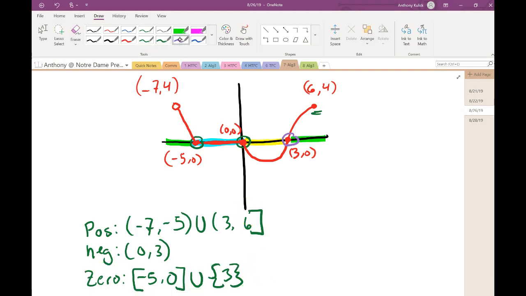Okay, so when we're talking about positives and negatives, 0 is defined as the stuff that's on the x-axis. So in that case, the -5, 0, and the 0, 0 should be included when we talk about the stuff that's on the x-axis, because it is. Does that feel okay? We're going to stop here.